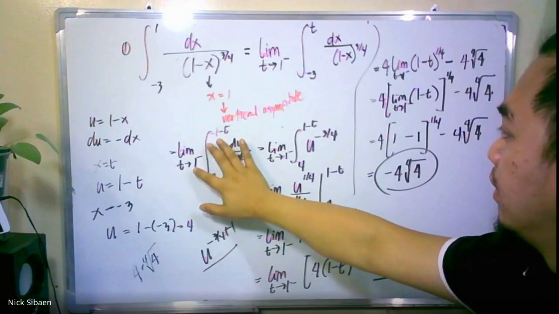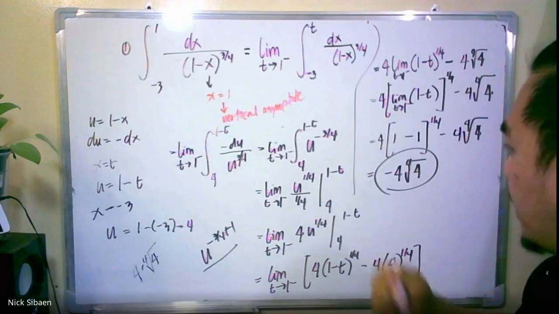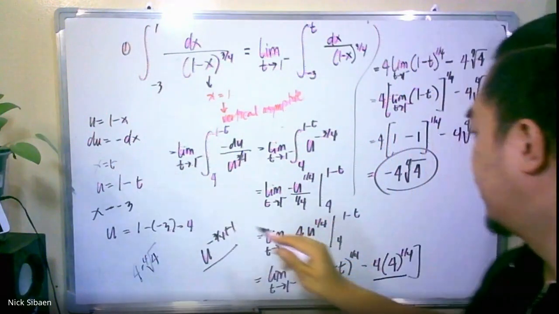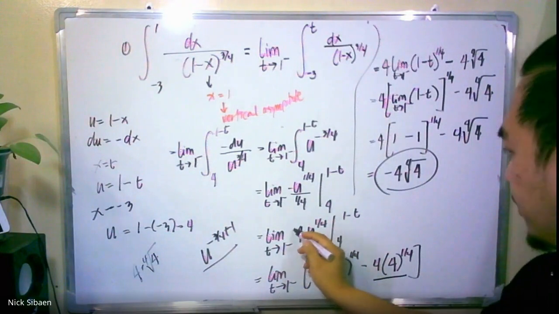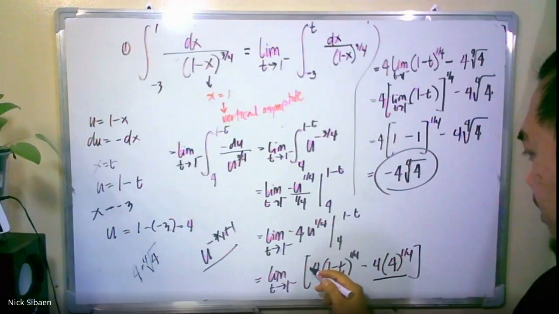Tama ba? Kasi di ba po negative du. So, yung negative 1, nalagay po sa labas. Tama ba? Kasi negative dx nga ito. So, ano ang maiiba? It's the function. So, negative 4u raised to 1/4. Nagiging negative.